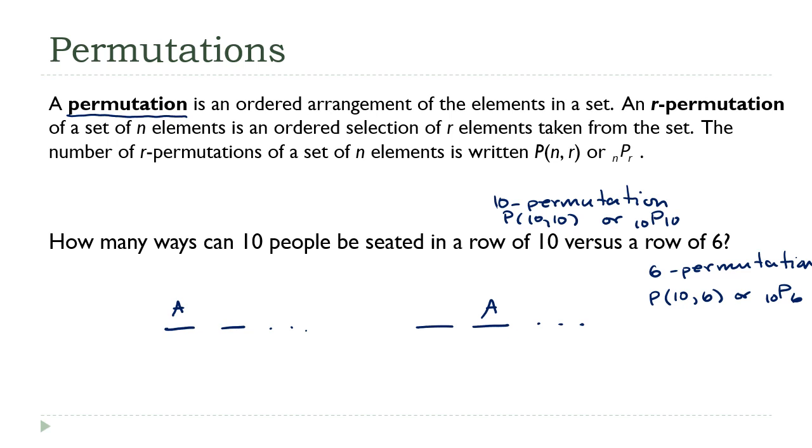These refer specifically to the number of possible permutations we can come up with by choosing r elements out of a set of n elements. So r-permutations refer to a single specific arrangement of r elements, where the two P notations refer to the total number of possible r-permutations.